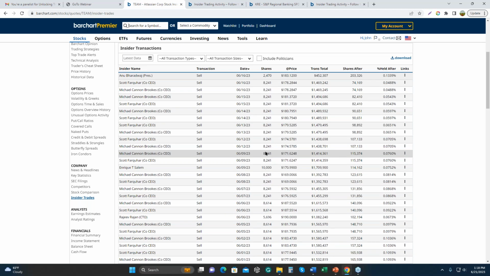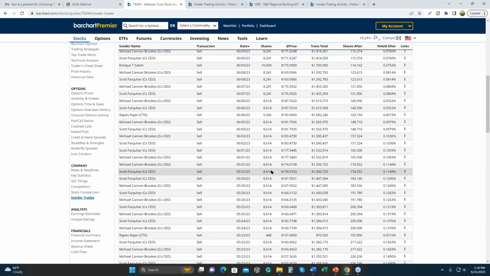Now, this might be a corporate governance restriction set by this corporation that says that insiders or corporate officers can sell shares, but only a certain amount at a time. And it looks like it's about 8,241 shares. Now as I go back in time here, you have 8,600 shares as well.